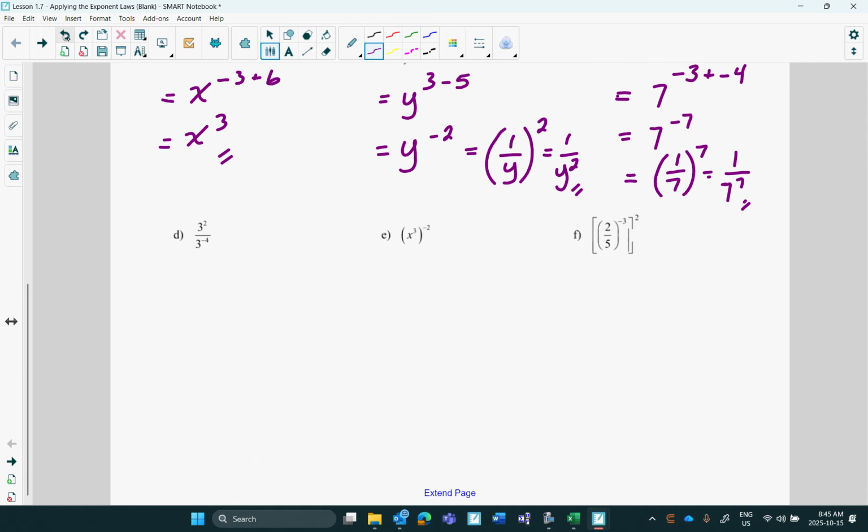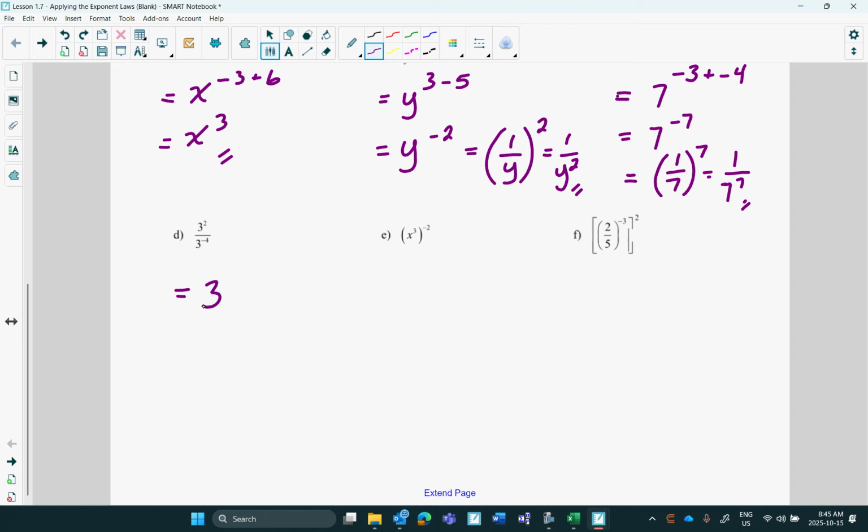Okay, this one you're going to watch out for. Base stays the same. When I divide, what do I do with the exponents? Subtract.